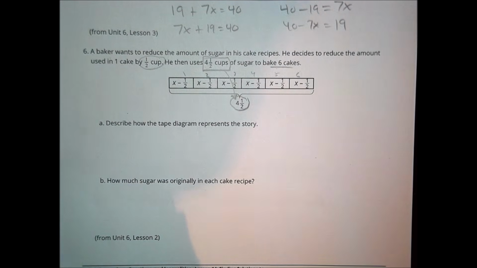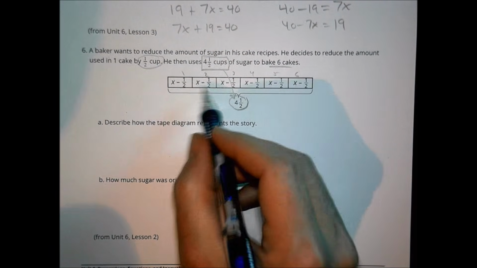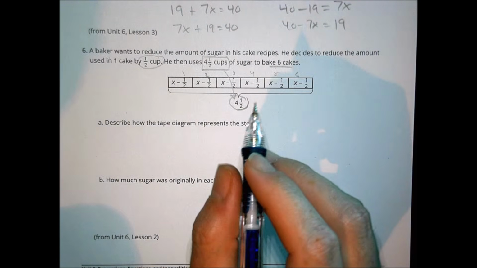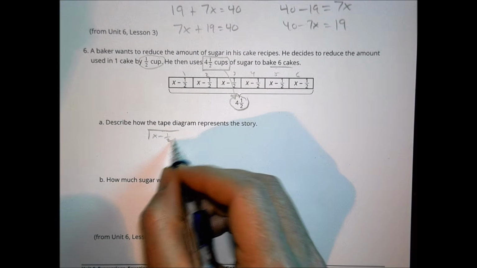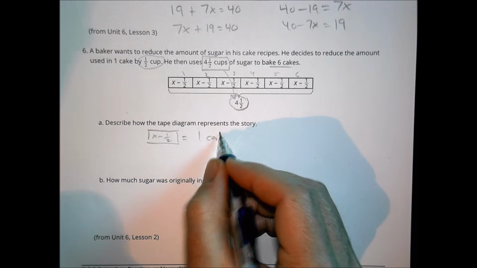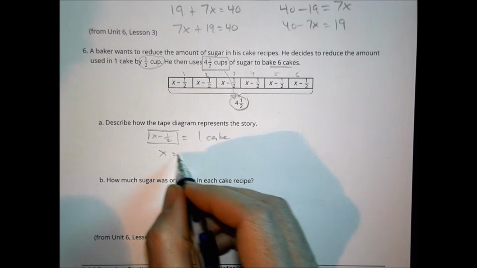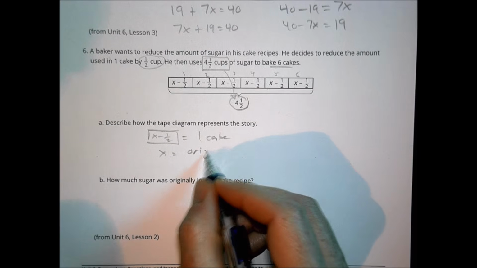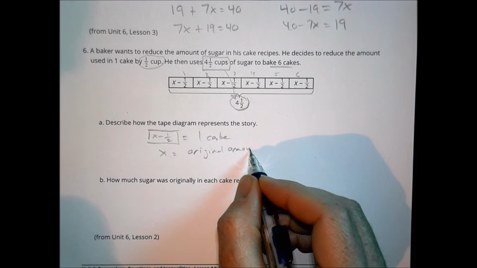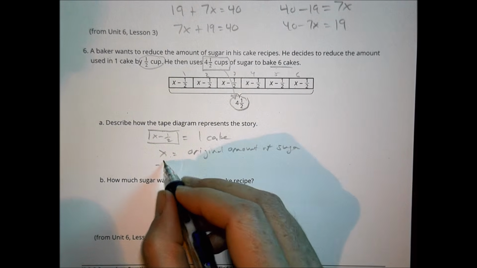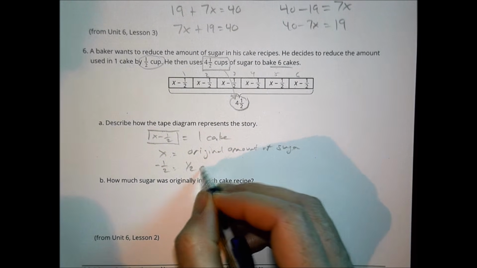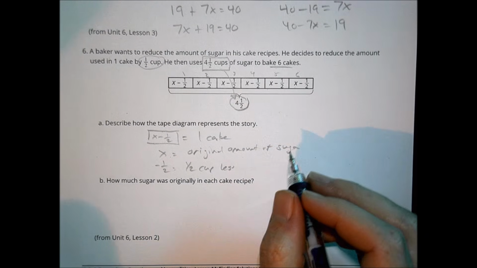The 4 1/2 represents the total amount of sugar for all the cakes. Each box represents the cake in itself, doesn't it? Okay, so each box with the x minus 1/2, that represents one cake. The x in itself represents the original amount of sugar. Okay. And of course the minus 1/2 is 1/2 a cup less per cake.